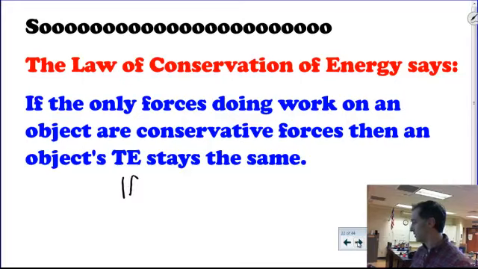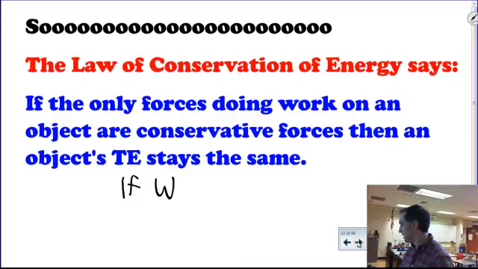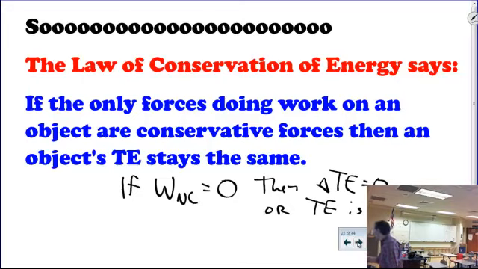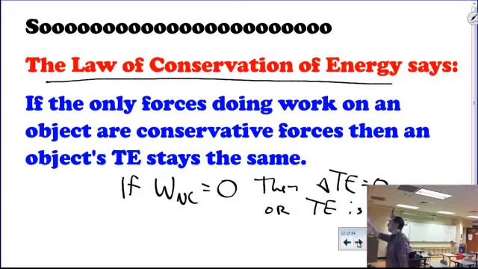So here, if the work done by non-conservative forces is zero, then I guess we could write this one of two ways. The change in total energy is zero, or total energy is constant, however you want to think of that. Okay? So that is the law of conservation of energy.